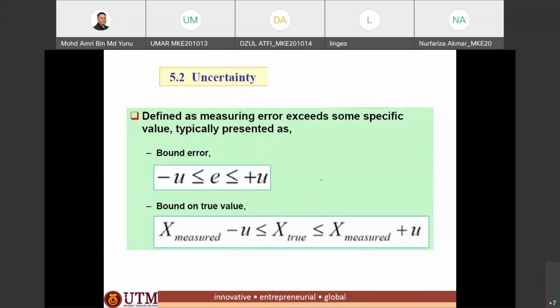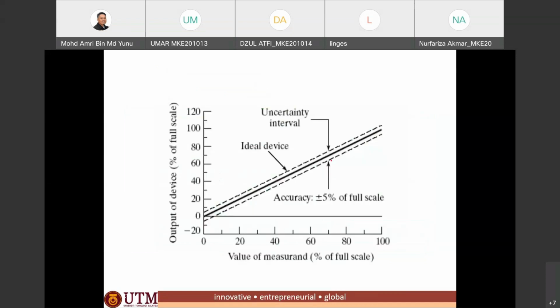Okay, so it basically shows us the limit of our measurement in terms of the ideal. This figure shows the ideal device versus the actual.